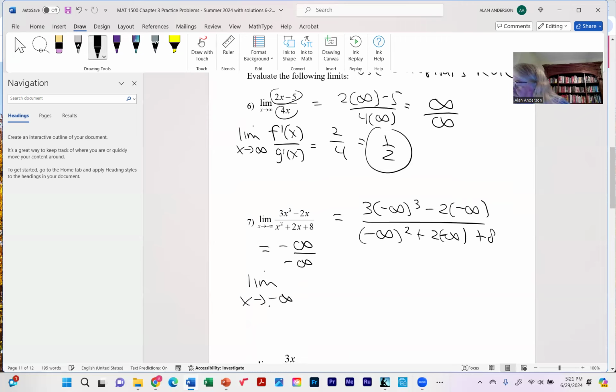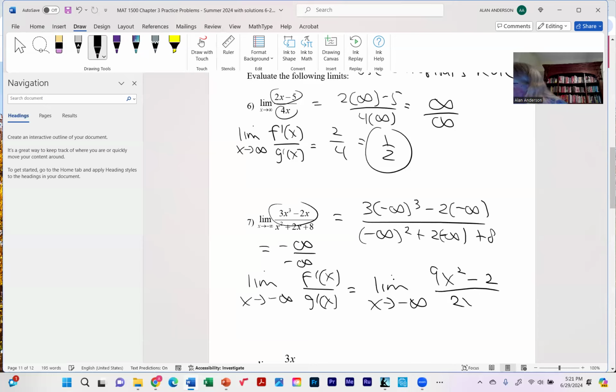Now, again, we have two polynomials here, so we'll use the product rule to solve for their derivatives. First, here we'll have 9x squared minus 2. And actually, you know what I should have done? I forgot to write. So we'll have 9x squared minus 2 over 2x plus 2.